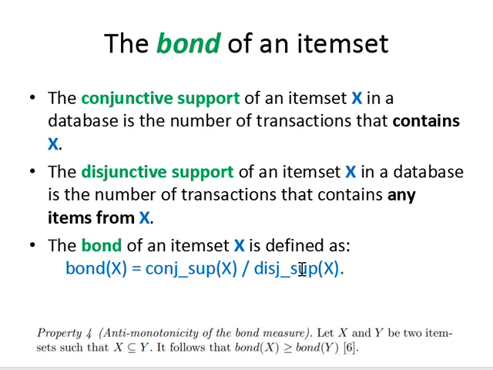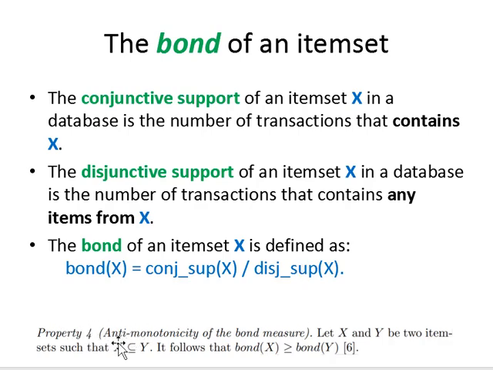If this number is close to 1, that means the items always appear together, or most of the time. And if this number is very small, close to 0, that means the items in X are not strongly correlated together. So it is a very simple measure to calculate, and it can be used to find correlated patterns.